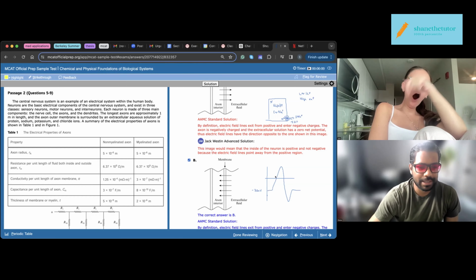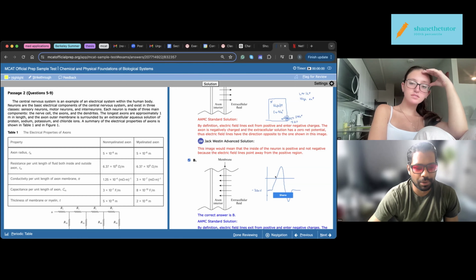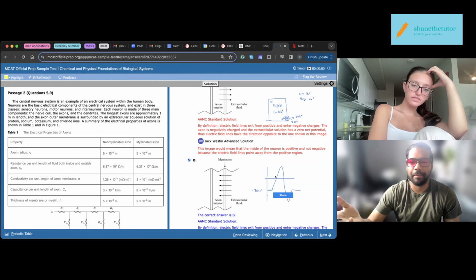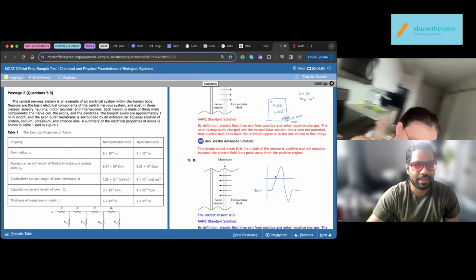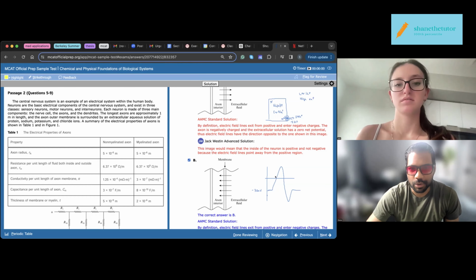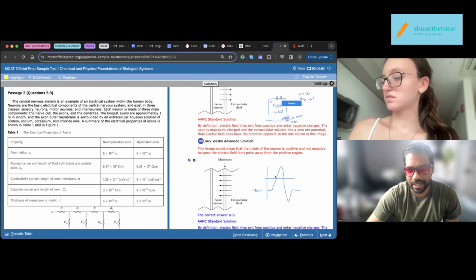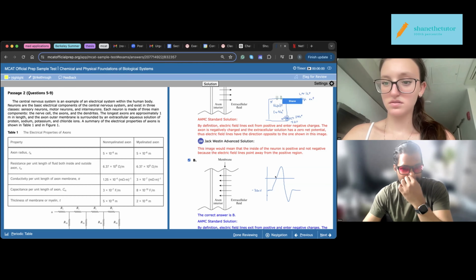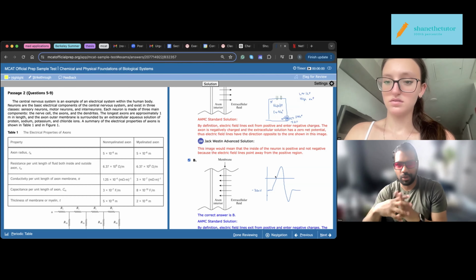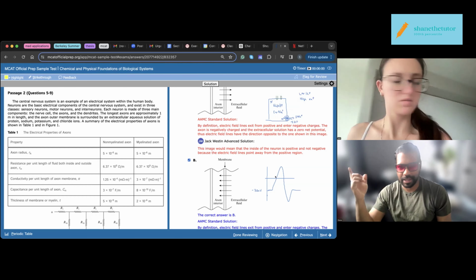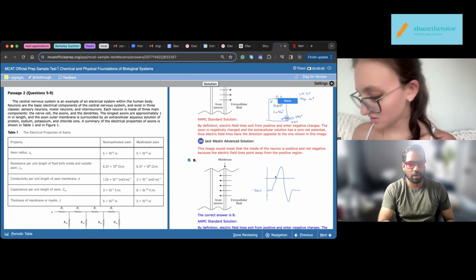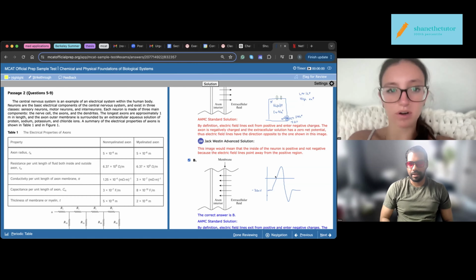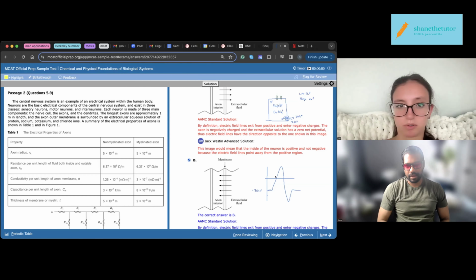Now, if an action potential reaches the threshold, it'll open up sodium channels. I'll use green. If you opened up a sodium channel here, which direction will sodium go? Will it come from the outside into the neuron? Wouldn't it want to go in the opposite direction that the pump was pushing it?